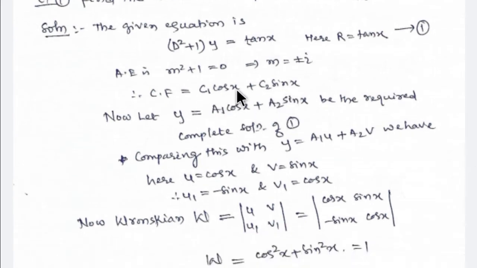Next, vary the arbitrary constants. Now let y equal to a1 cos x plus a2 sin x.